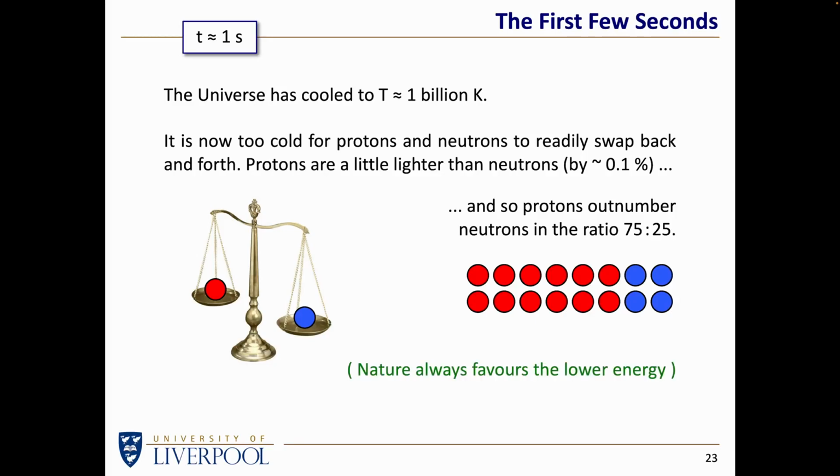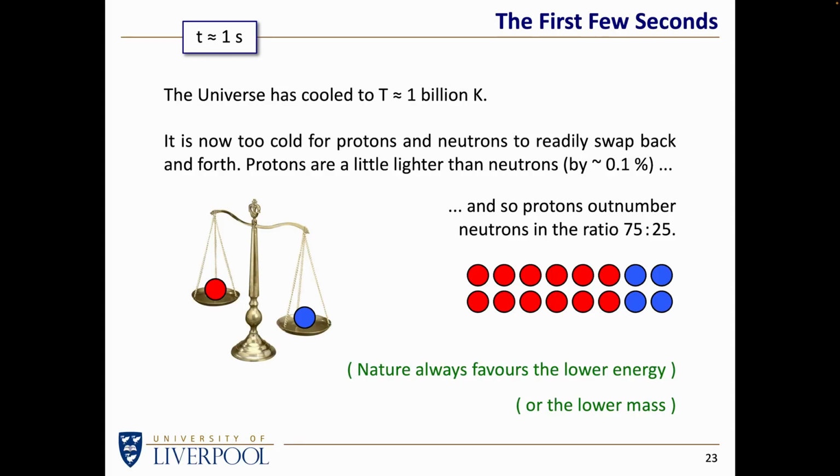Nature always favours the lower energy, and because E equals mc squared, you can say that means nature always favours the lower mass. So because protons are slightly lighter than neutrons, we can calculate how many are likely to be made according to the laws of physics we understand today. And it turns out the ratio is about 75 to 25 after 1 second of the universe's existence.